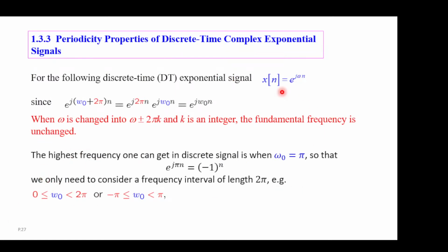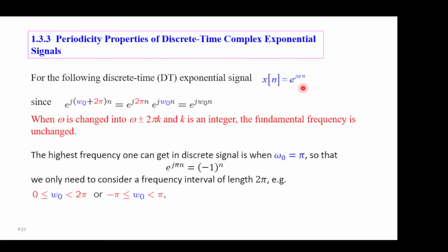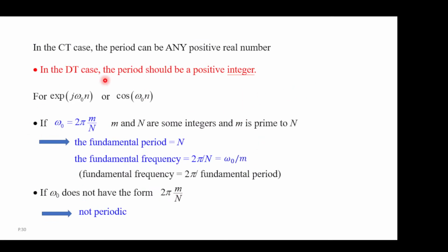And not only that. For continuous time, for any omega, e to the j omega t is a periodic function. But that's not true for discrete time. In discrete time, you need to have a certain omega for your signal to even be periodic, once again because you are only sampling points at integers. In discrete time, your period must be a positive integer.